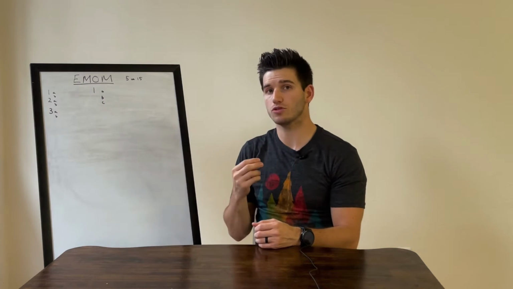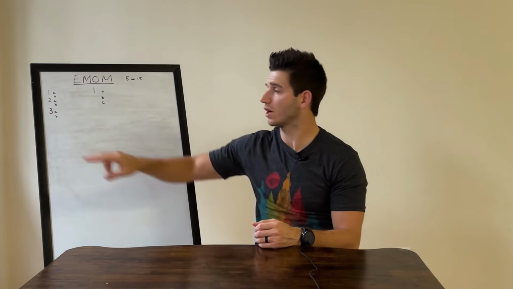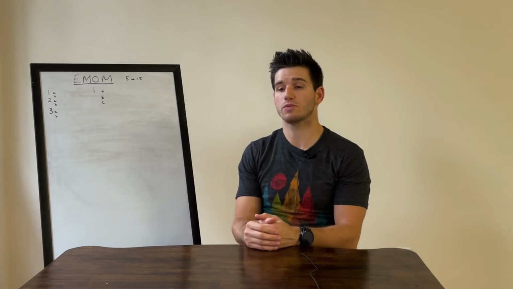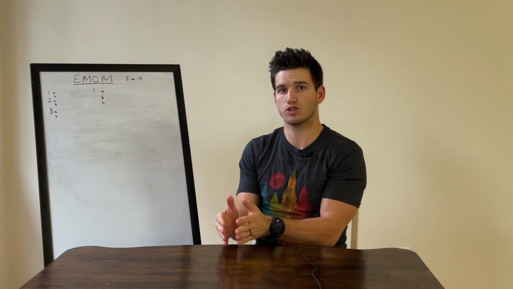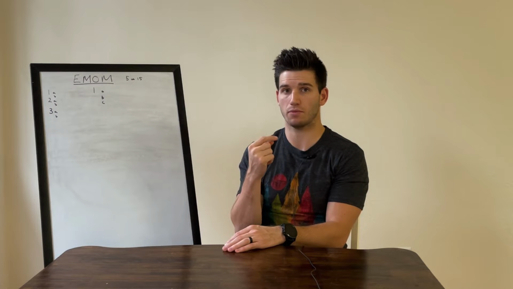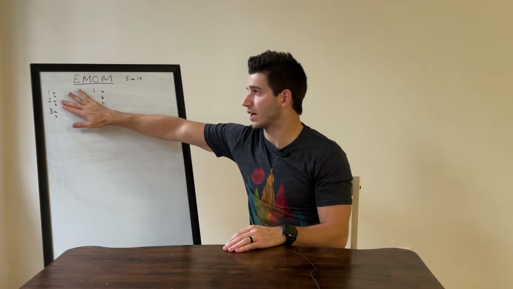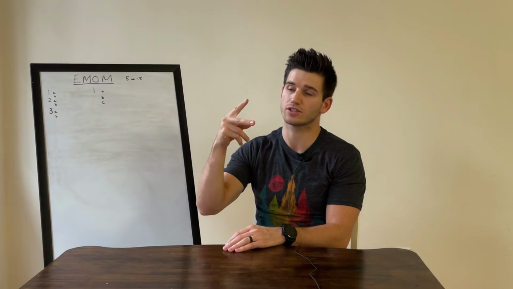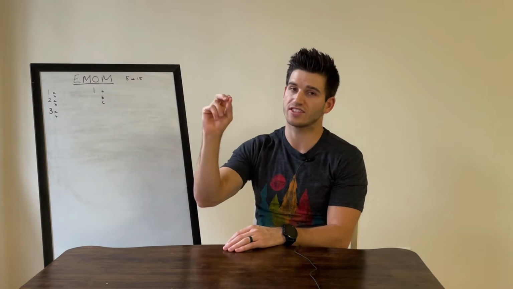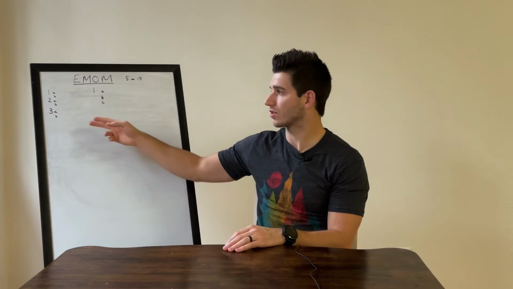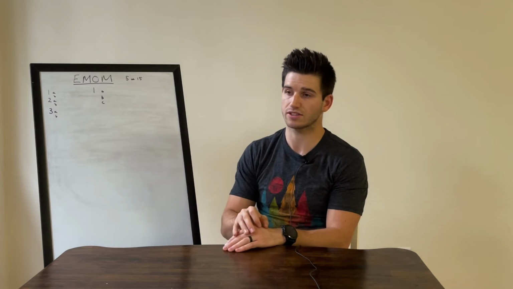In the notes, you might find that for the first 2 exercises, it says first minute, which means you're going to perform those 2 exercises during the first minute of the EMOM. And then you'd have another 2 exercises, and in the notes, it might say that those 2 exercises are the second minute. And then we keep going and so on, so the third minute could be another 2 exercises.